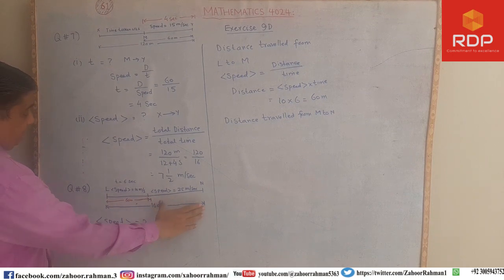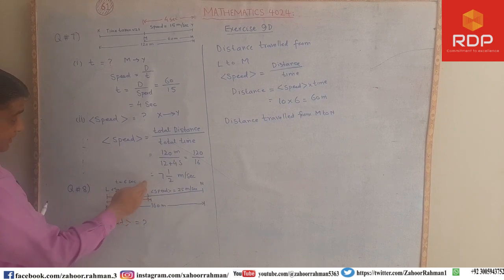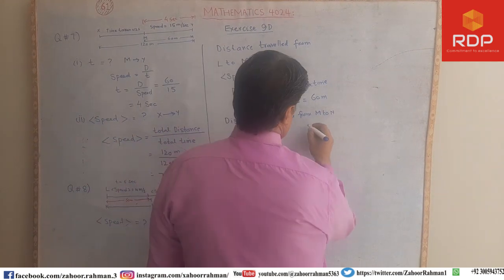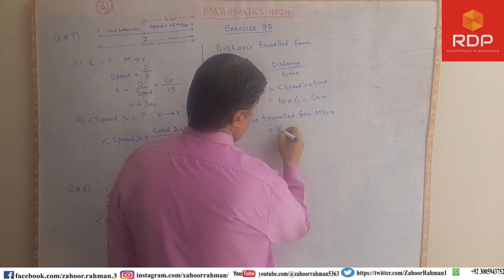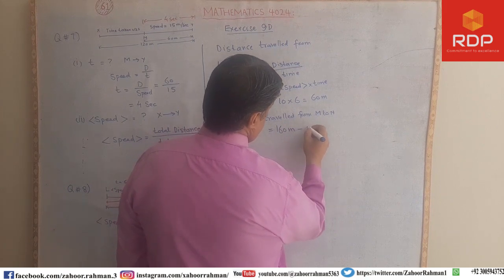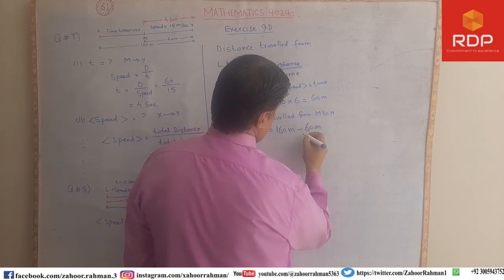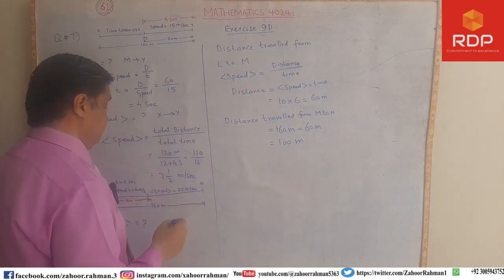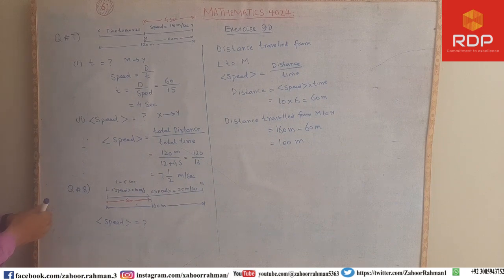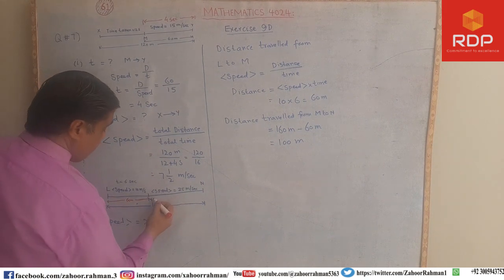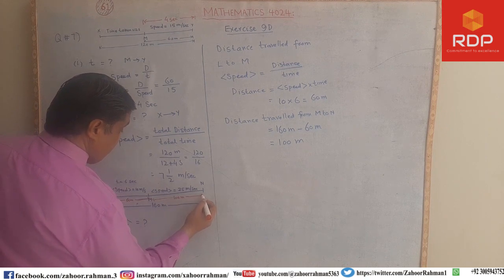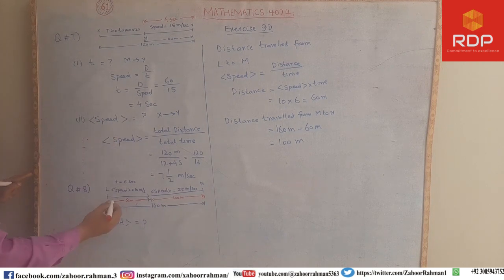So from 160, if this red portion is subtracted, we will only be left with 100. So 160 meter minus 60 meter is equal to 100 meter. Now we found this distance to be 100, and that is easy. 100 meter is this distance.